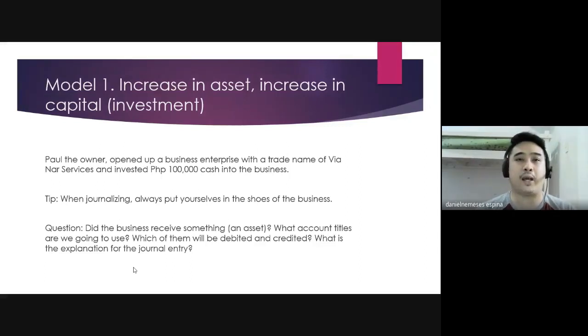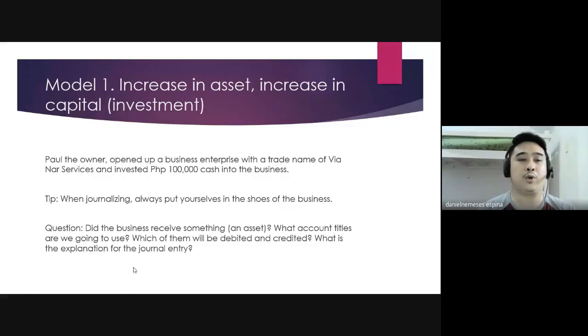Remember we have the separate entity concept, or separate entity principle. The business and the owner are separate personalities, separate persons. So if the owner gave money, it was deposited into the business. So the business received cash from the owner. The business received 100,000 cash.